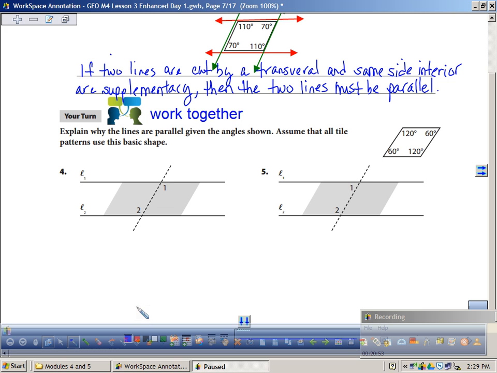What are 1 and 2? 1 and 2 are alternate interior. I'm not letting you off the hook yet. If 1 and 2 are alternate interior, what could I have to investigate about them in order to tell me that those lines are parallel? What do the alternate interior angles have to be in order for those lines to be parallel?